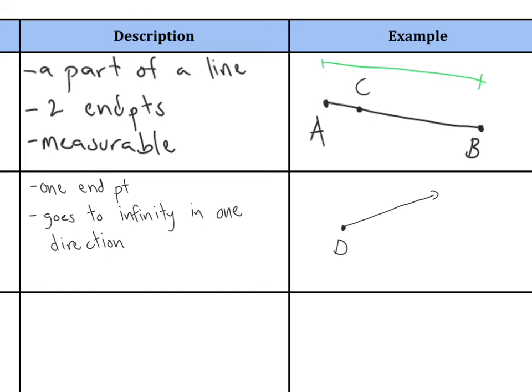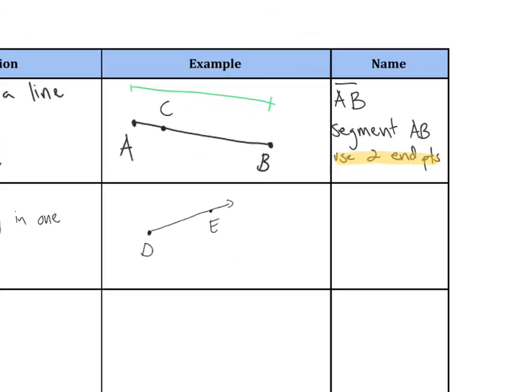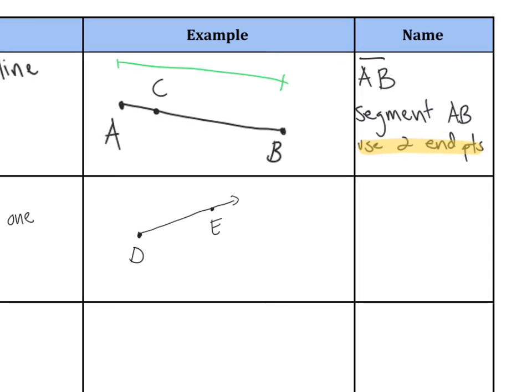And because a ray is a part of a line, we have to use 2 points to name a ray, just like we use 2 points to name a segment. I'm going to go ahead and call this point E. All right, and then here's where we have to be careful in naming rays. With segments and lines, it doesn't matter, but with rays, because there is 1 direction, direction does matter.